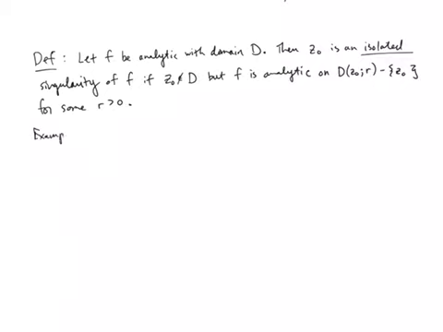Okay, so some examples. One would be z squared minus 1 over z minus 1 at z0 equals 1.